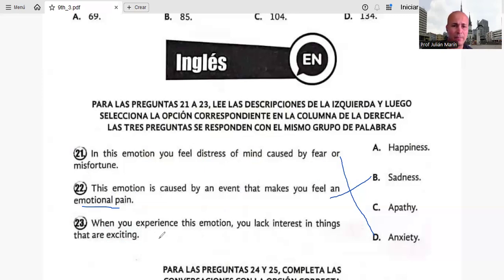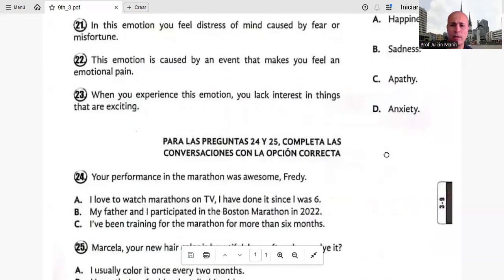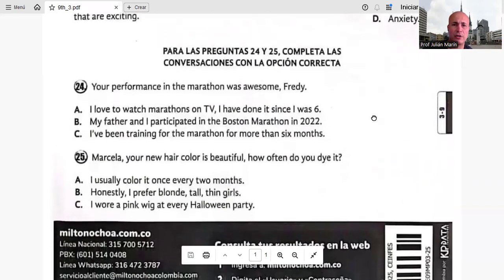And 23, talking about lack of interest, definitely we're talking about apathy. So right there you have the answers for questions 21, 22, and 23. Very good. Let's check right now the other section of the test.